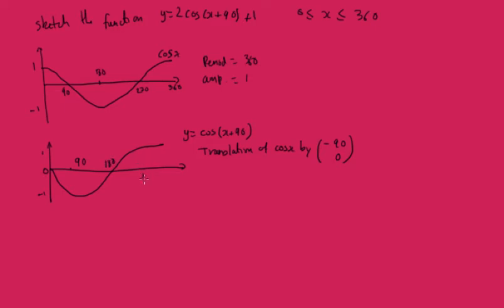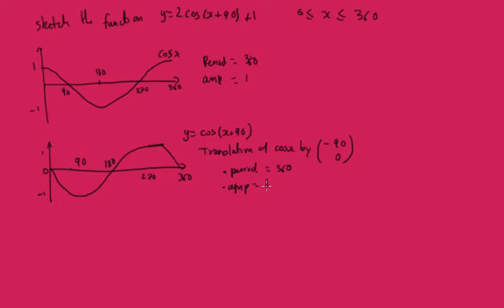And 270 is now a maximum. And that will be 360. So the period is still 360 and the amplitude is still 1.